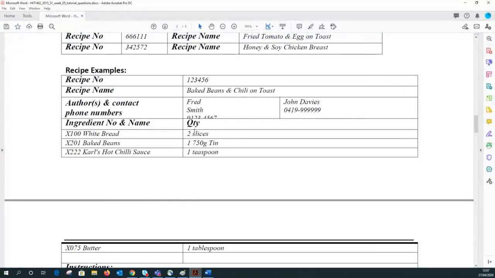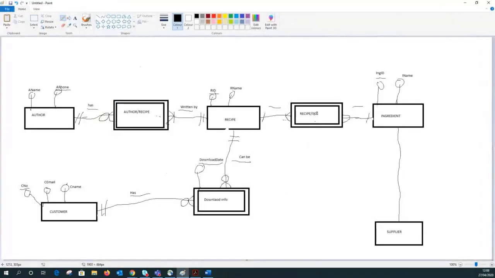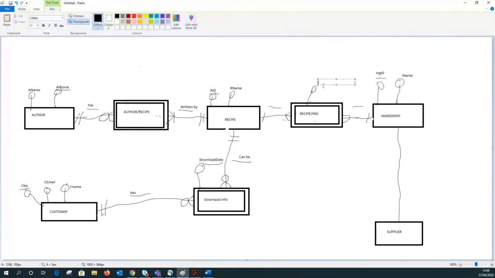Now if you go through this, you can see the quantity details. So each recipe ingredient has quantities, right? So for example, white bread, we need to use 2 slices. Baked beans, I need to use 750 grams, 1 tin of 750 grams, etc. So that quantity detail we need to record somewhere here, isn't it? So this is my recipe quantity, or quantity of the ingredients.